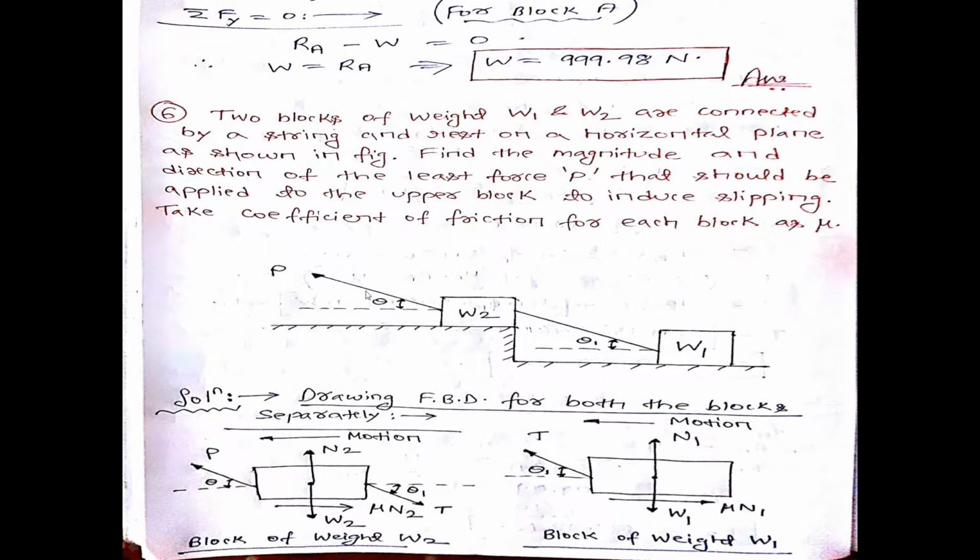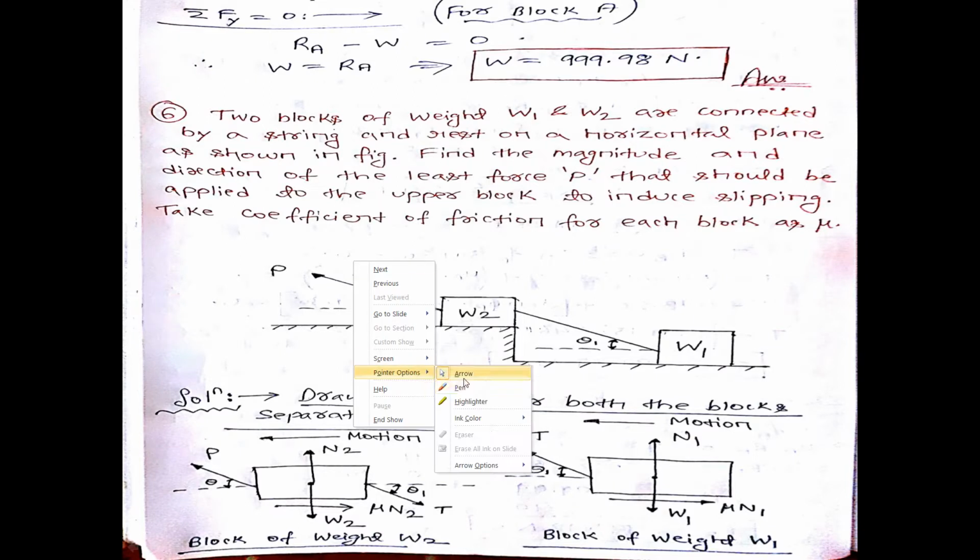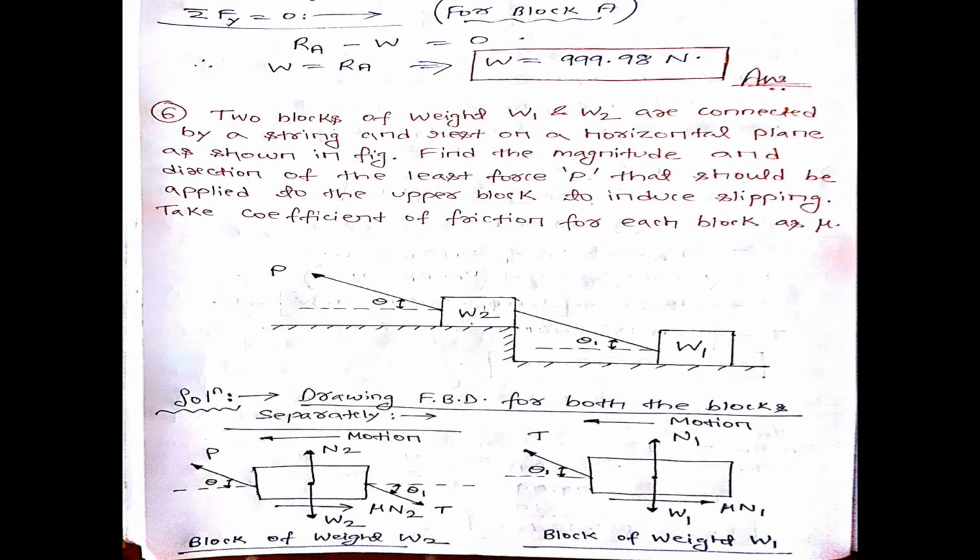If I draw the free body diagram of the second block, the weight of the block, W2, acts vertically downward from its center of gravity. Since the block is kept on this horizontal surface, the surface gives a normal reaction N2 in the vertically upward direction.